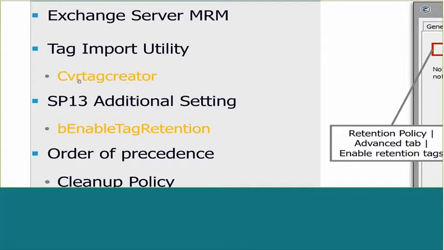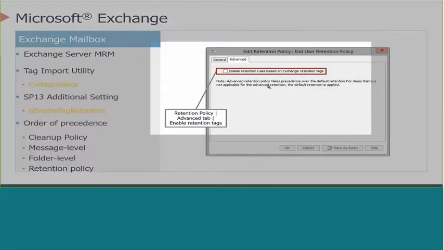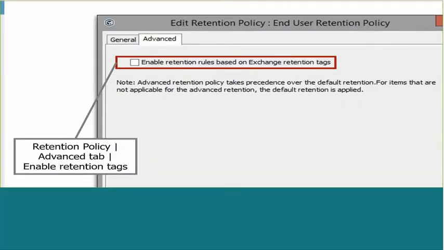So there is a utility. You can pull this down, and this utility will bring those tags into the CommServe database. And then in terms of enabling it, in terms of honoring those rules, you need to enable this additional setting here, and that'll give you the opportunity to add the checkbox on the retention policy itself.